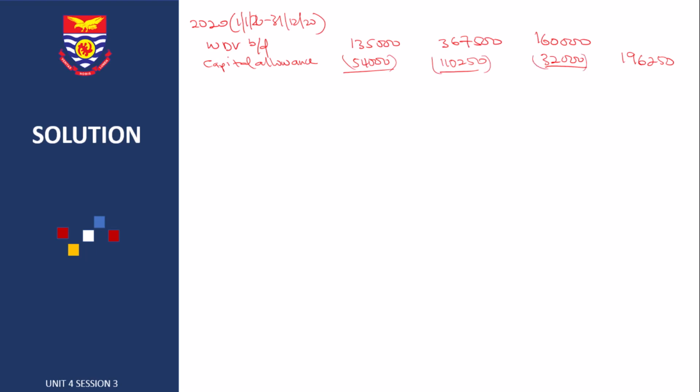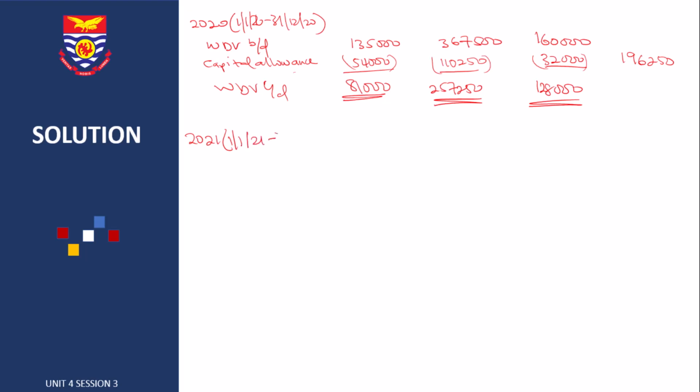Okay, so let us deduct to get our written down value. So for class 1, we are getting 81,000. For class 2, we are getting 257,250. For class 3, we are getting 128,000. Now let us look at capital allowance for 2021 year of assessment.